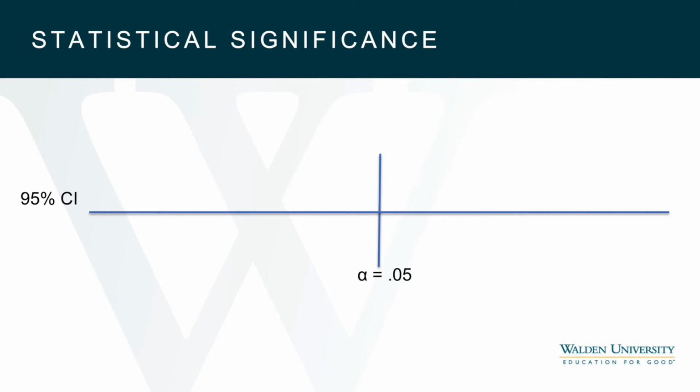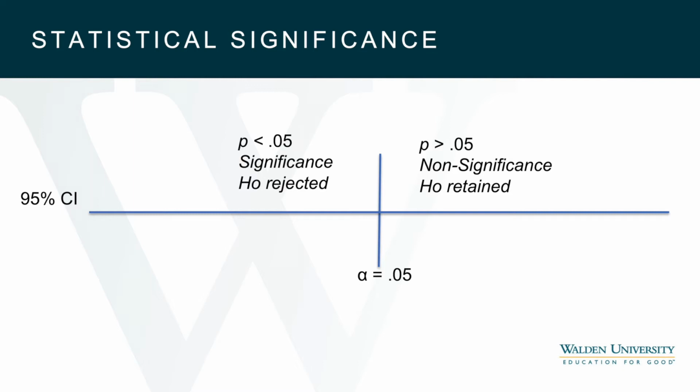And what happens here is when my p-value that we get from SPSS is greater than 0.05, I'm going to hang on to that negatively formulated null hypothesis, and I found non-significance. If my p-value is smaller than 0.05, in that safe zone smaller than the type 1 error, I may reject my null hypothesis.